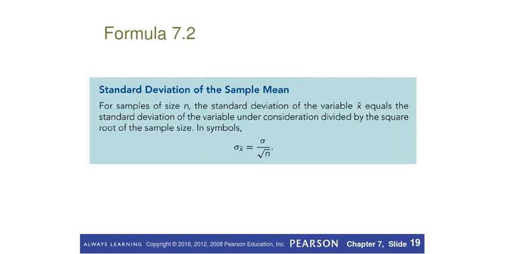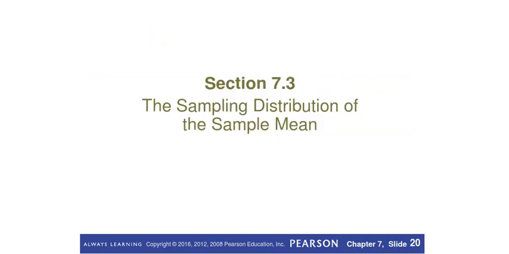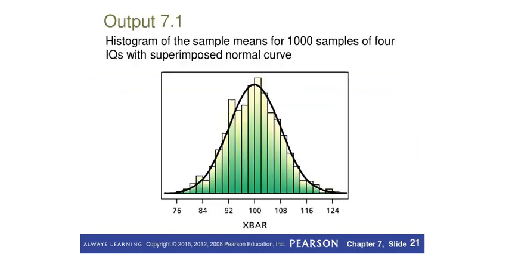And let's explain what that actually means by talking about the sampling distribution of the sample mean itself. So in this example, let's look at a histogram of the sample means of 1,000 samples of 4 IQs superimposed on the normal curve.